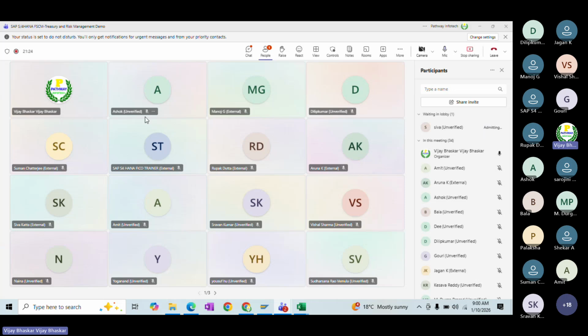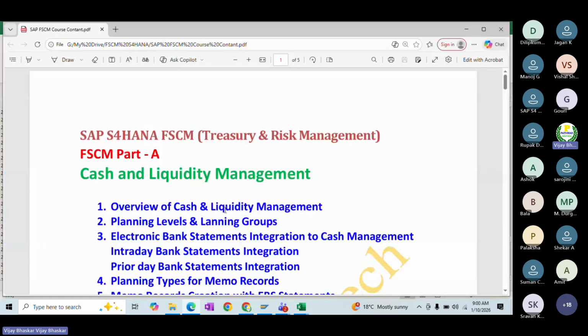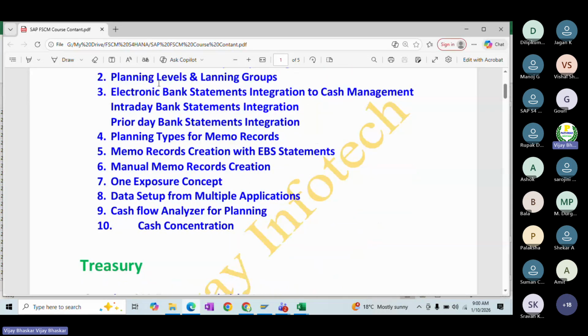Coming back to the syllabus part, I was just going through it. Overview of cash and liquidity management, planning levels, planning groups. You might have seen in your past experience or in the current ongoing project that planning levels and planning groups are associated at the GL master data level, and at the vendor and customer master data level.